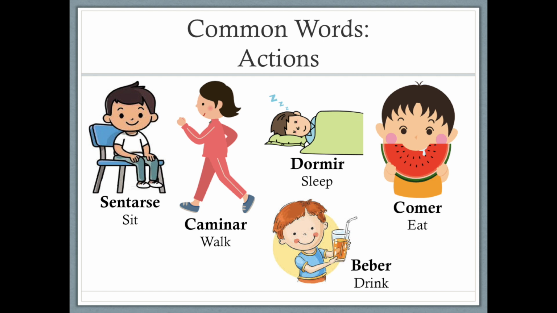Caminar means to walk. Dormir means to sleep. Comer is to eat. And beber or tomar is to drink. And you could say beber or tomar agua, which would be to drink water.